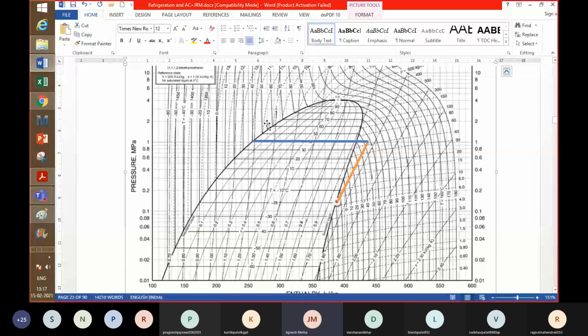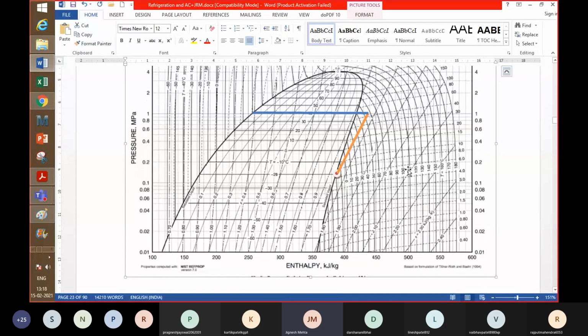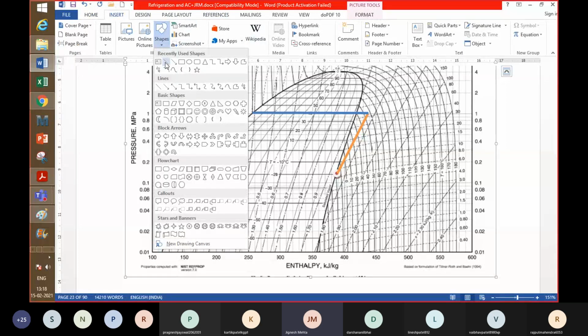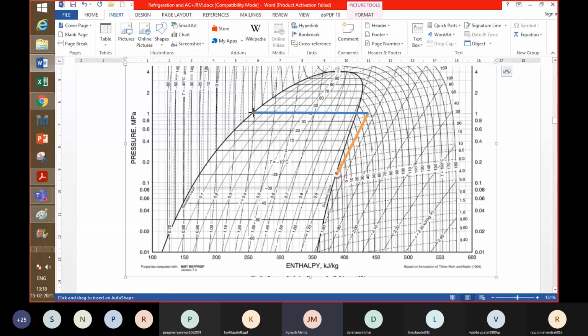Now the next thing is the expansion through the throttle valve, which is a constant enthalpy process. So this is a pH chart. It means that the enthalpy is on the horizontal axis. So obviously constant enthalpy means a vertical line. So now for the next process, I'll draw the vertical line, right? It will be a vertical line starting from this point, saturated liquid, and it should be drawn up to which point?